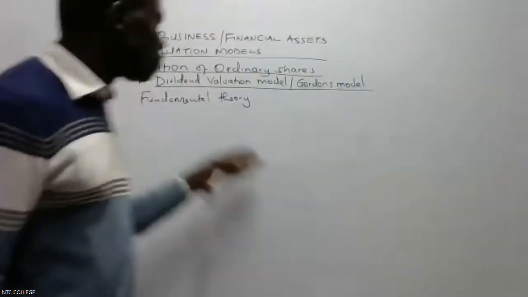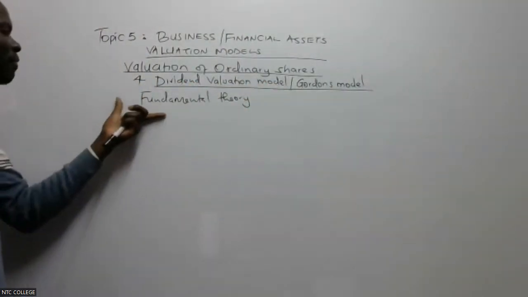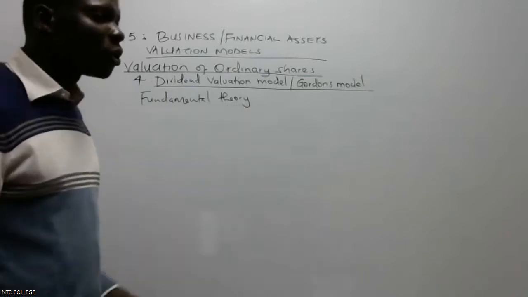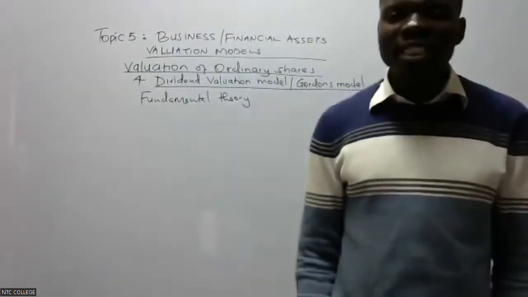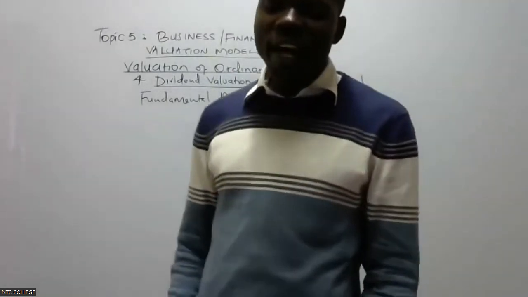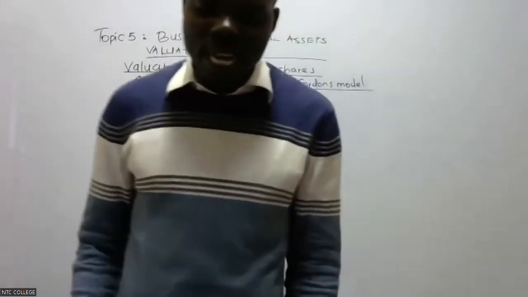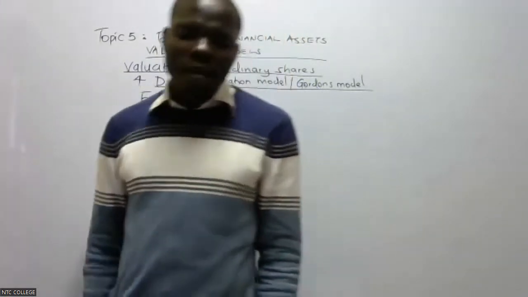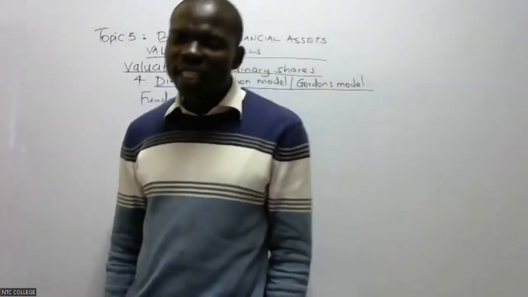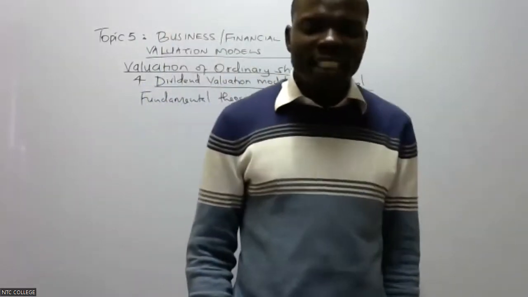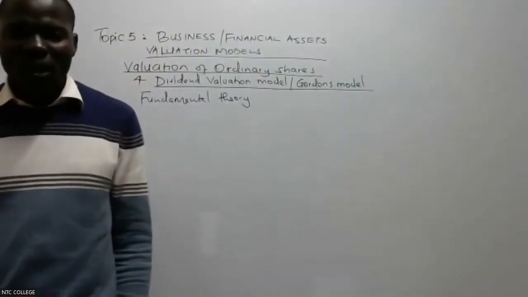I've said that the dividend valuation model utilizes the fundamental theory of valuation, which states that the intrinsic value of a security is equal to the present value of all expected future benefits from that security.